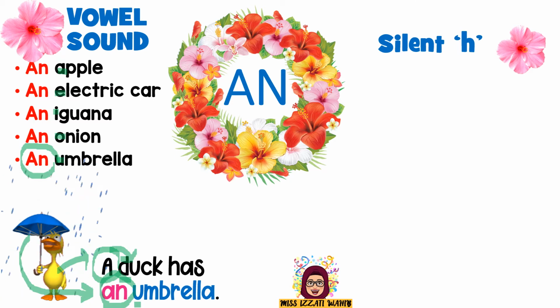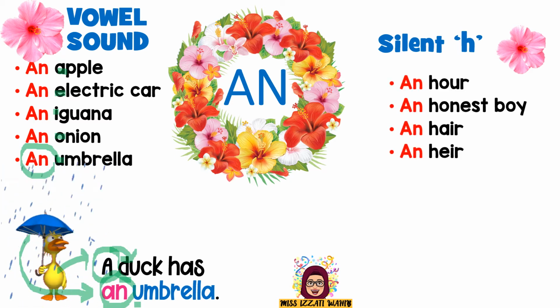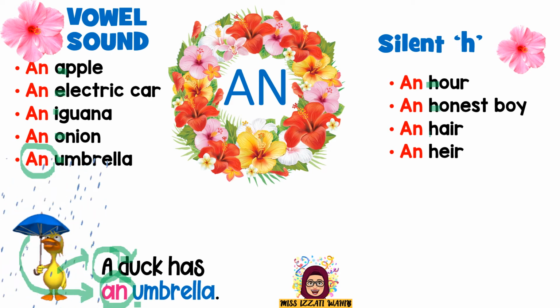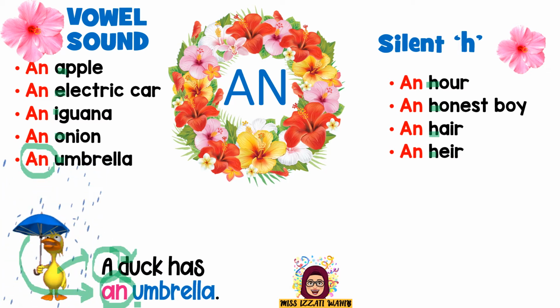Next, silent H. These are the examples of silent H words. An hour, an honest boy, an heir, an air. Although it starts with H for all these words, remember we are focusing on the sound.